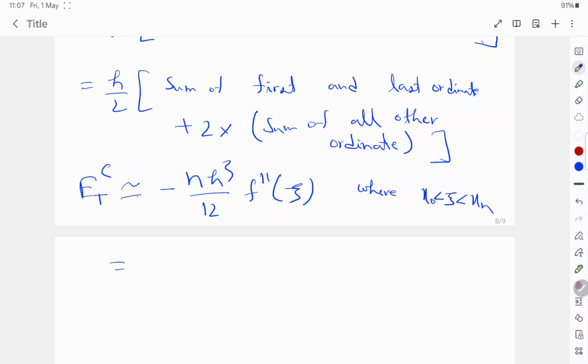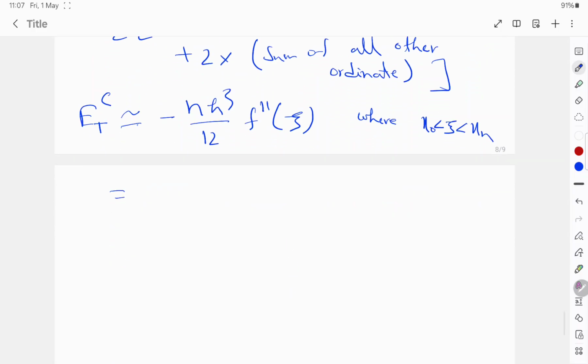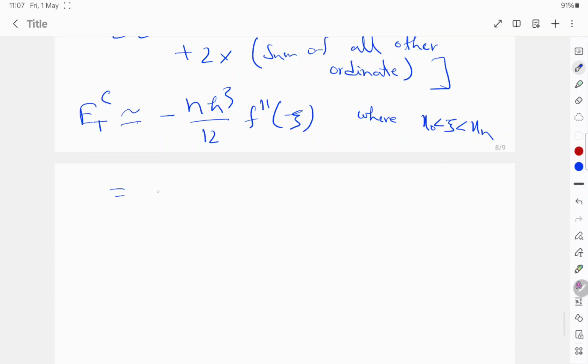Now what is your h? h is basically b minus a by n. If you use this, you have b minus a cubed by 12 n squared f double dash xi. So this is the error formula.